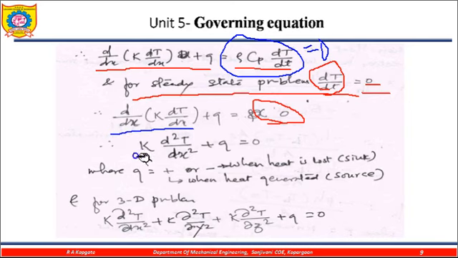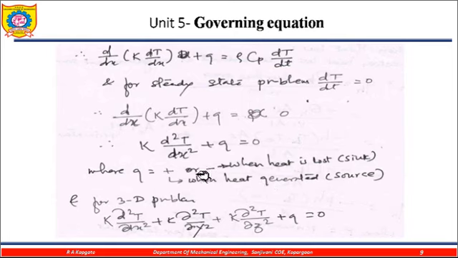By differentiating this term, this is constant, so the constant comes out. Now the differentiation with respect to x gives d square T upon dx square plus q is equal to 0, where q plays a very vital role. What q suggests is that it is minus when the heat is lost, and plus when the heat is generated, meaning heat is added.